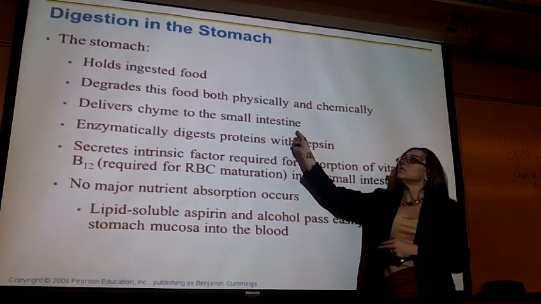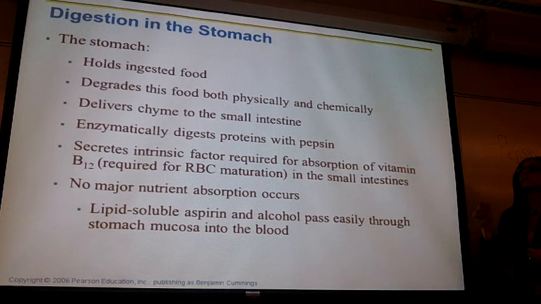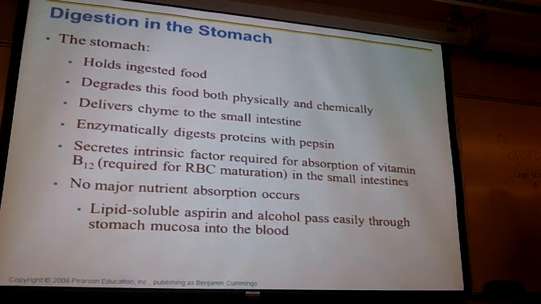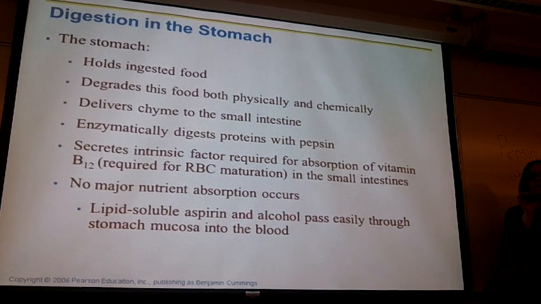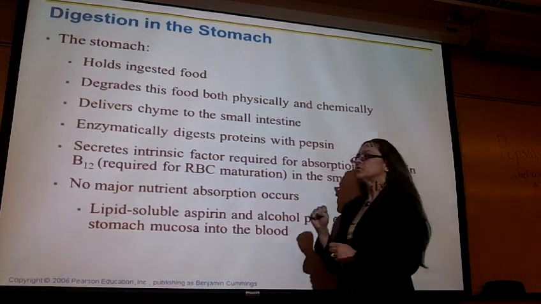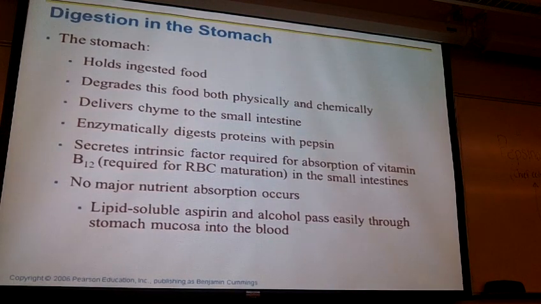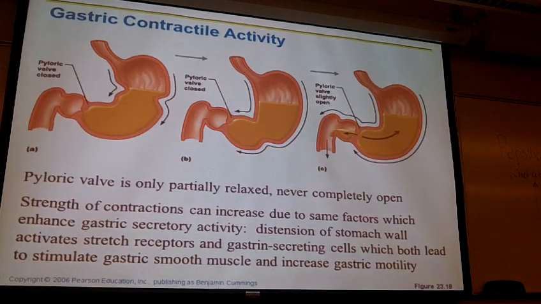So we have to deliver that chyme in little spurts over to the small intestine. And it's only going to be able to go into the small intestine as long as those food particles are small enough. If those food particles, I'll come back to these on Thursday. Let me just go over here.